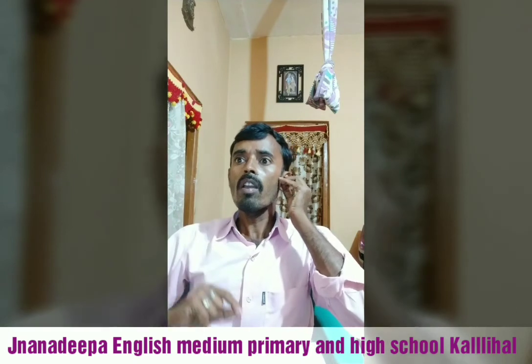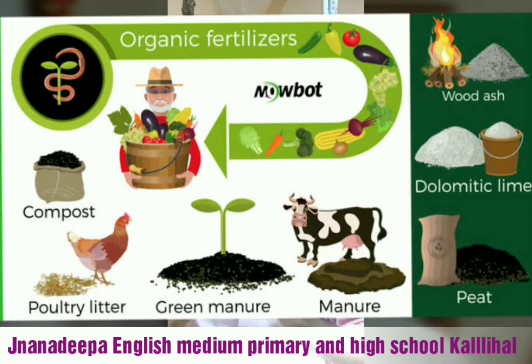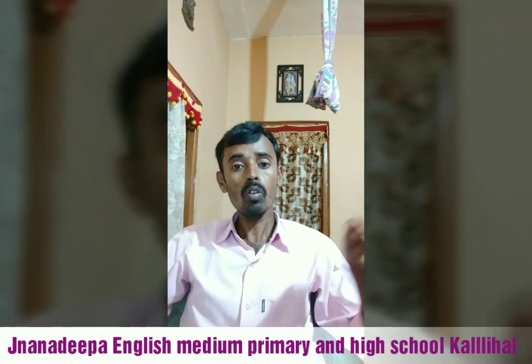Organic fertilizers are called natural fertilizers. Organic fertilizers are obtained from cow dung, dead and decaying plants, animals or vegetable matter. It is not harmful to our environment, soil, etc.